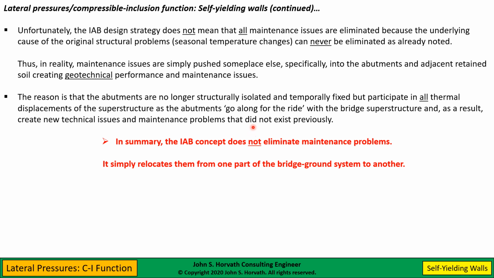But as we'll see, there are relatively simple ways that these can be fixed. So I don't want to denigrate the IAB concept. I think it's very sound and it's probably a way to go in most cases, because the geotechnical problems that are now created are relatively easy to fix.